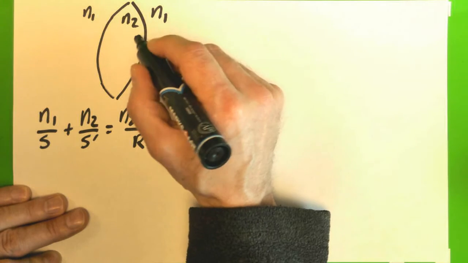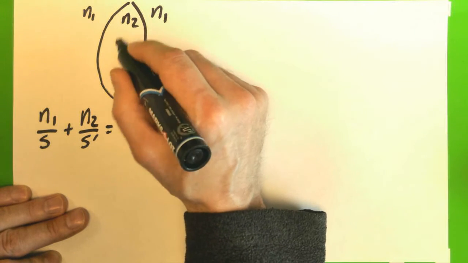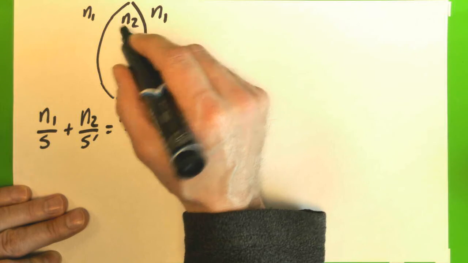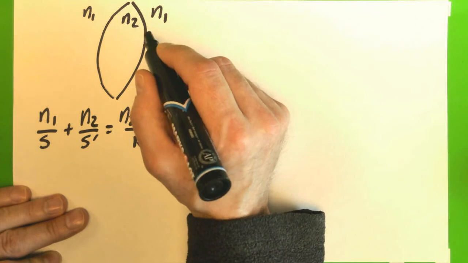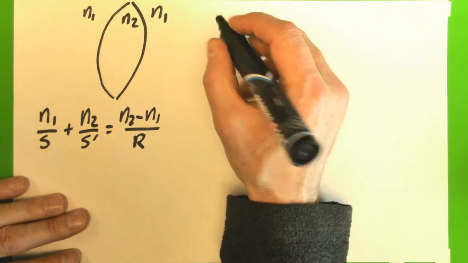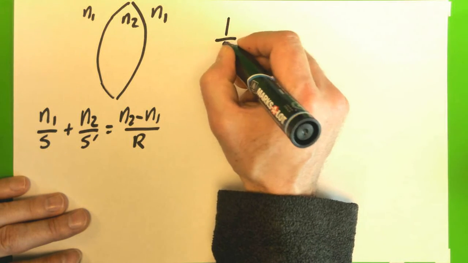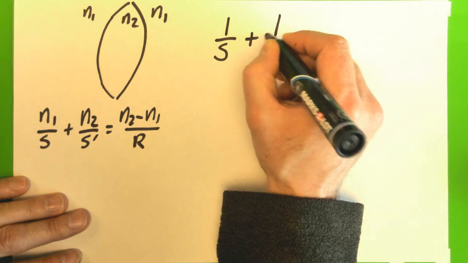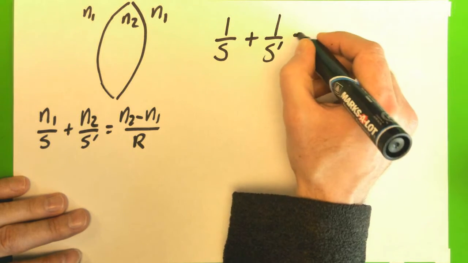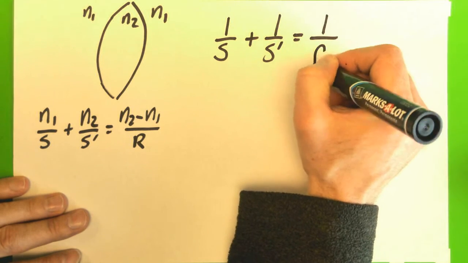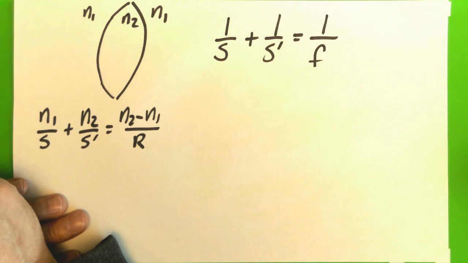If we assume that this is some index of refraction material in air, so we're going to simplify it in air since that's such an important case, then we end up with this simple equation, 1 over S plus 1 over S prime equals 1 over F. F is defined as the focal point.